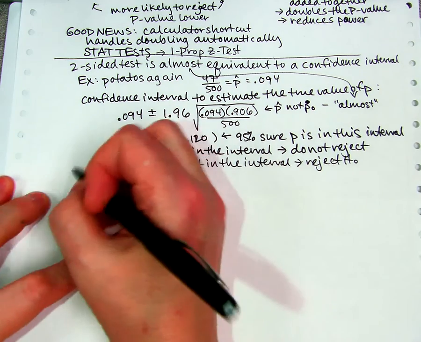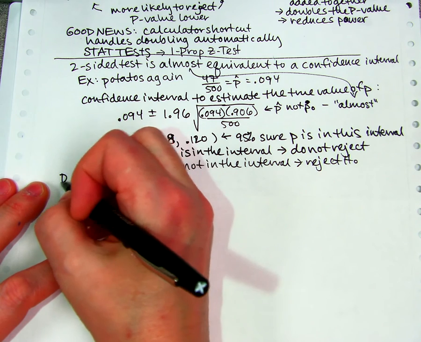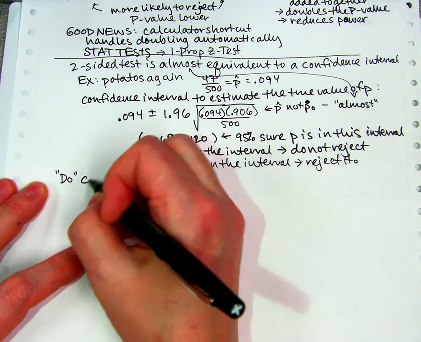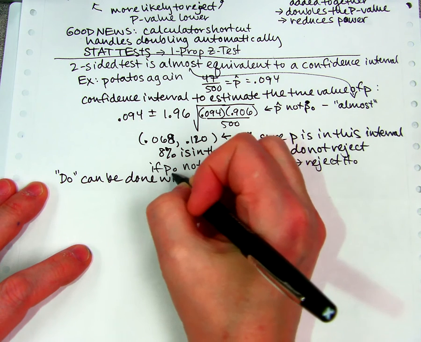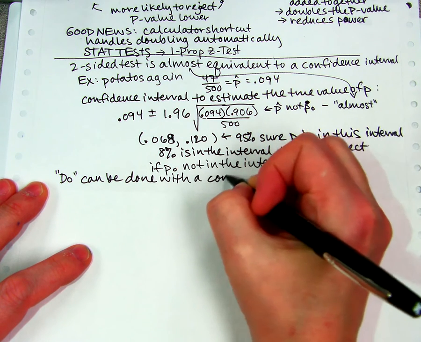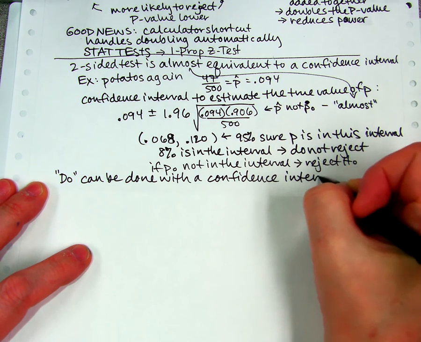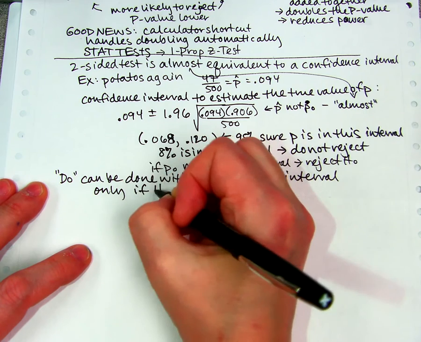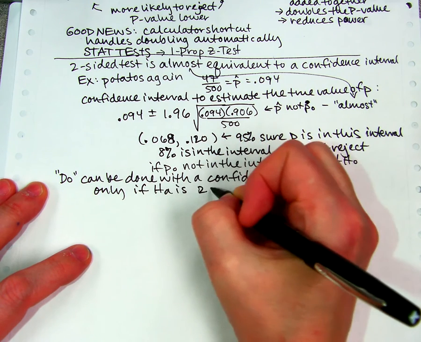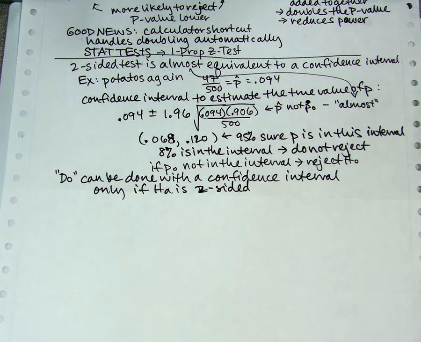So, an optional extra thing: the do step can be done with a confidence interval only if it's two-sided.